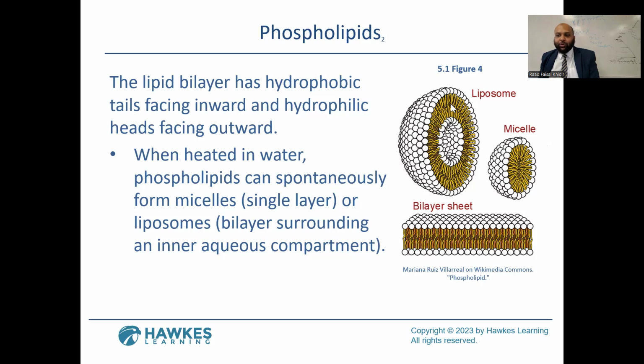But the liposome is when you have the bilayer leaflet enclosed and encircled and tightened. But the micelle is only one layer that is enclosed. So the micelle and the liposome are both enclosed. Only difference is micelles have only one amphipathic leaflet, while the liposome has a double amphipathic leaflet.